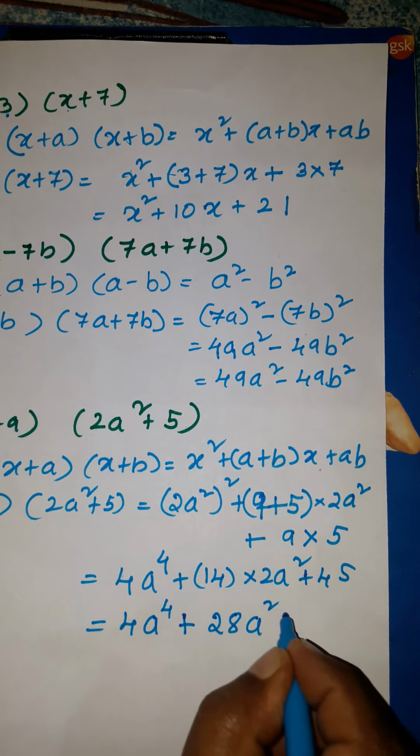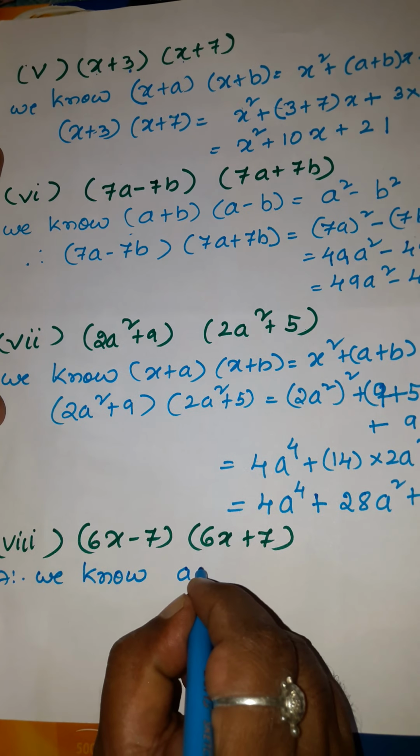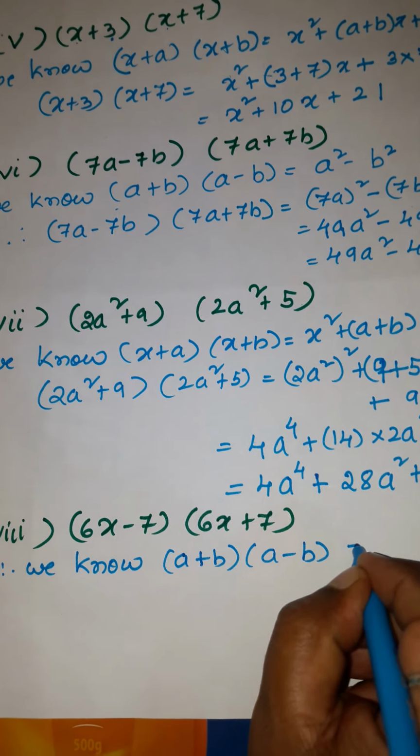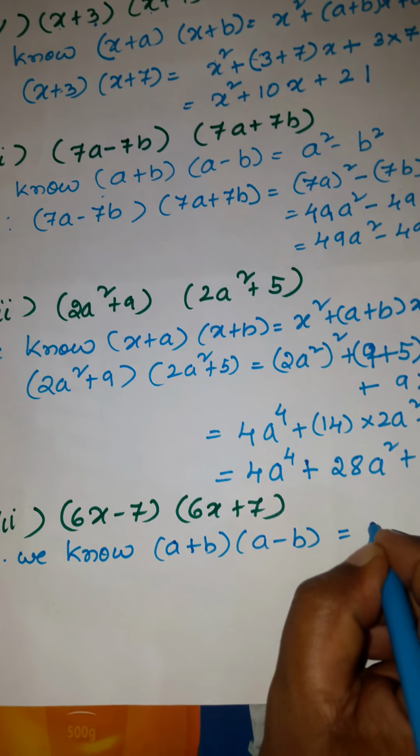6x minus 7, 6x plus 7. Observe carefully, first term and second terms are same, but only the sign changes. So we have to apply the third identity. We know a plus b into a minus b is equal to a square minus b square.